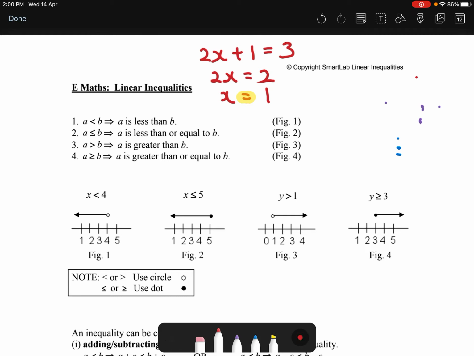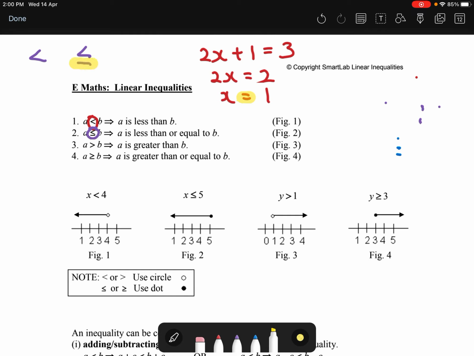For inequality signs, we have four. The first will be this. This inequality sign means less than. Then of course we have the second. The only difference between the first and the second inequality sign is that the second has this horizontal line.